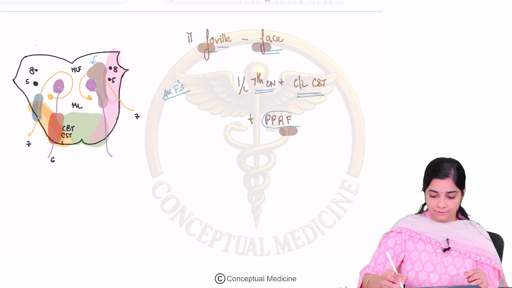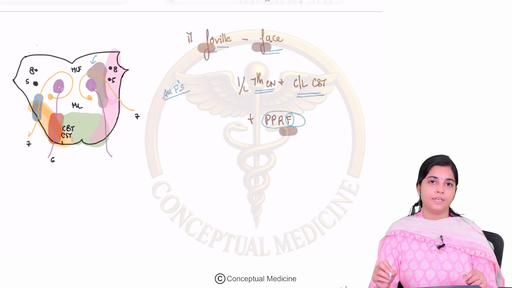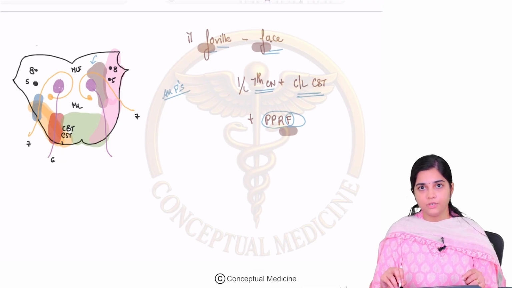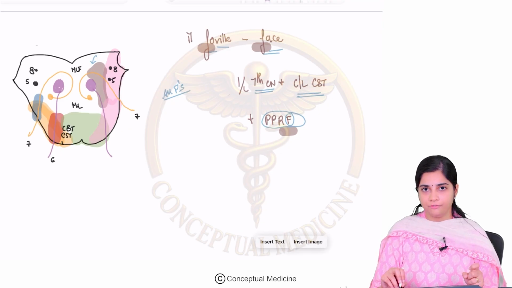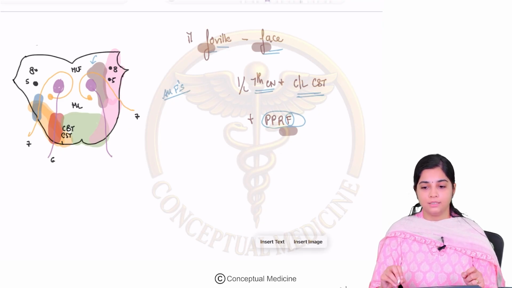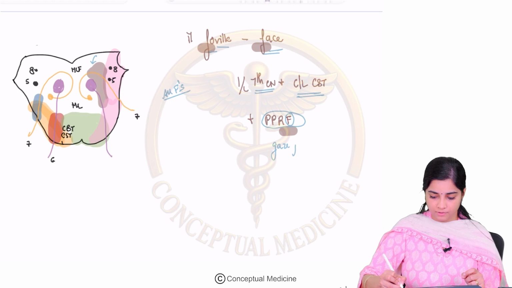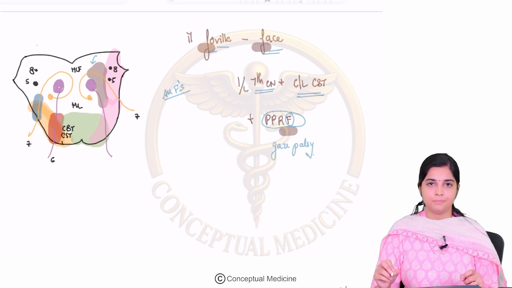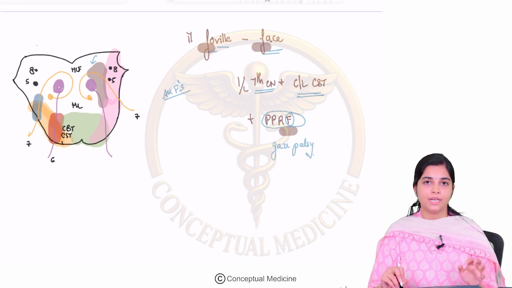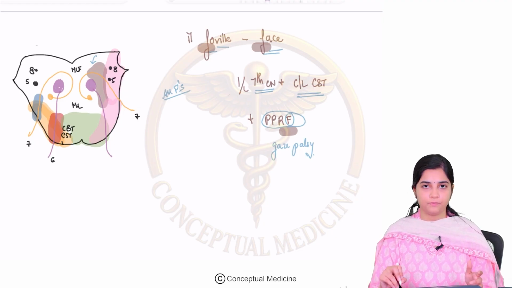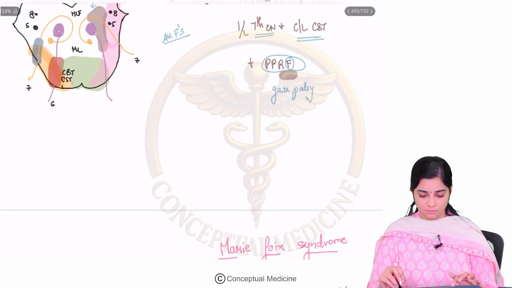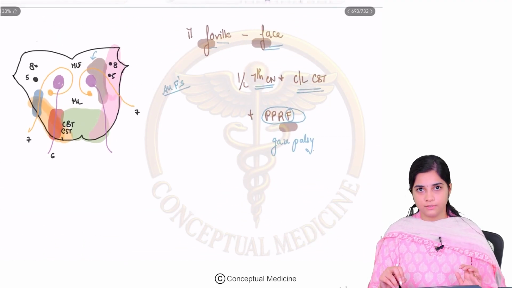There is another F, which is your PPRF involvement. So PPRF involvement can result in gaze palsy. Okay. So 7th cranial nerve involvement with gaze palsy with contralateral corticospinal tract involvement is your Foville syndrome. Clear? Fine.